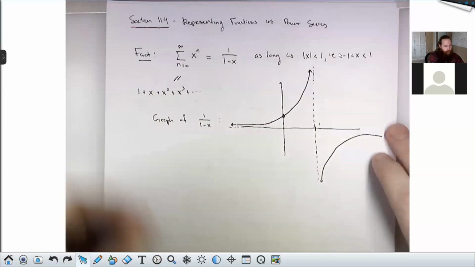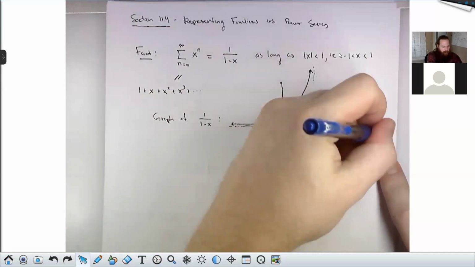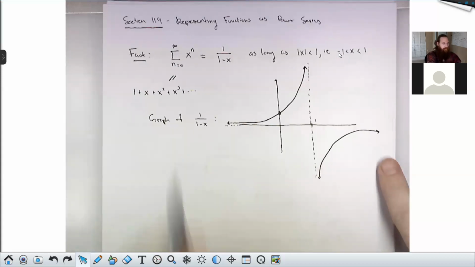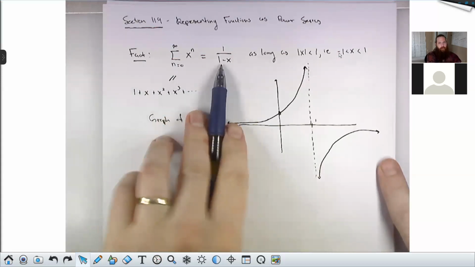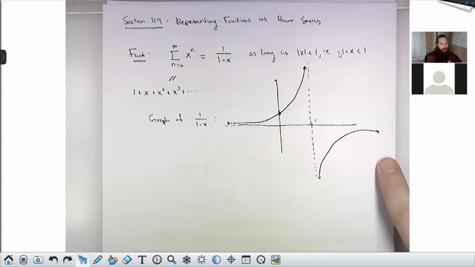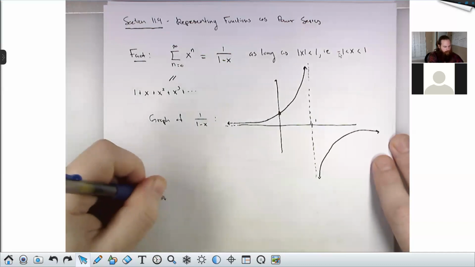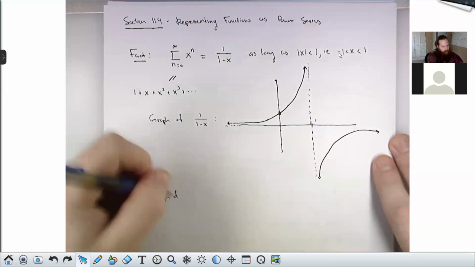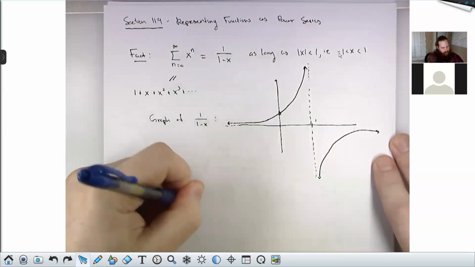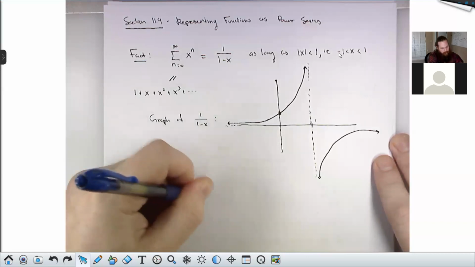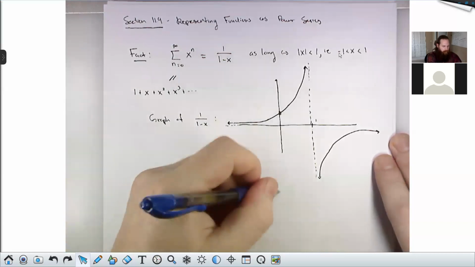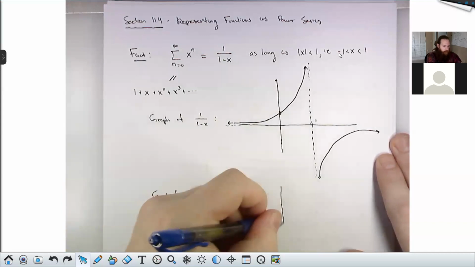The graph of my power series then should be the same as this graph, because my power series is equal to this function. However, the graph of my power series just contains the portion from -1 to 1.